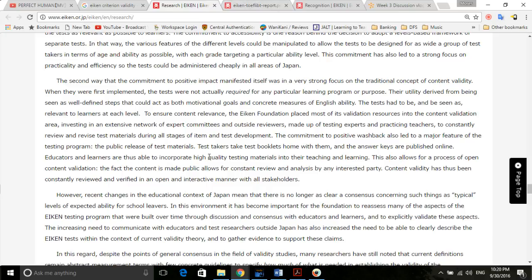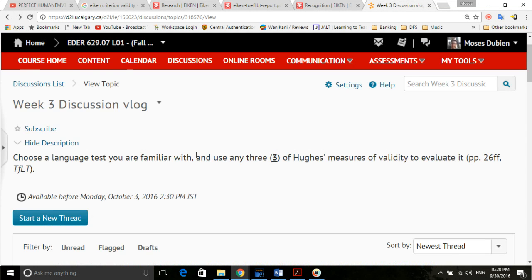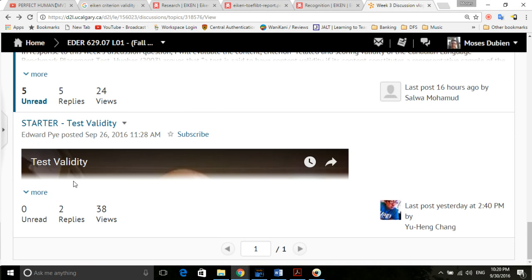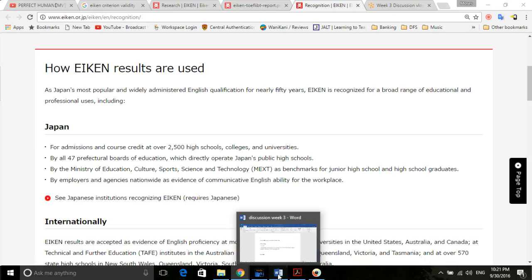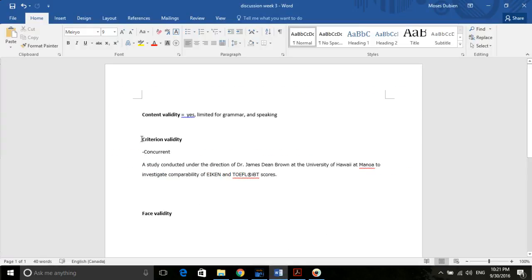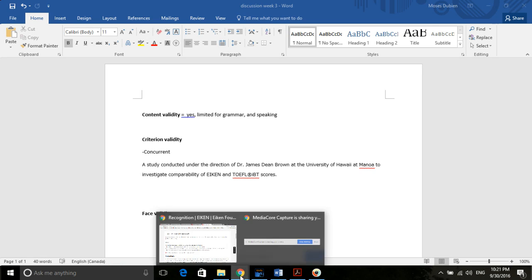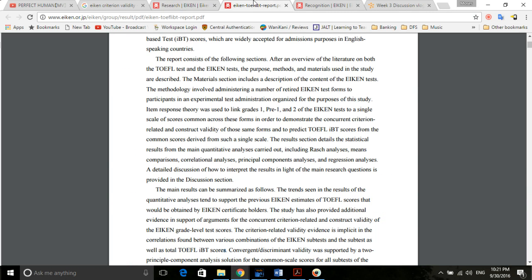Hughes in our textbook actually mentioned that, and actually our starter for week 3 discussion mentions that Edward mentions that very clearly. There are other factors that go into making a test that criterion validity with coefficients sometimes does not measure. So yes, it does have criterion validity, although they do warn against it.